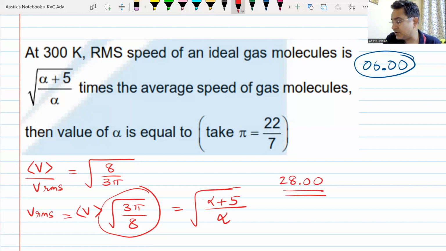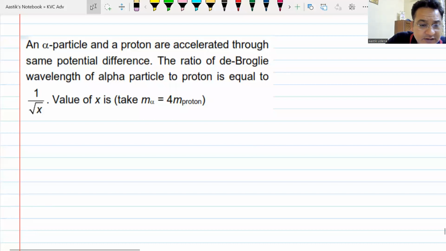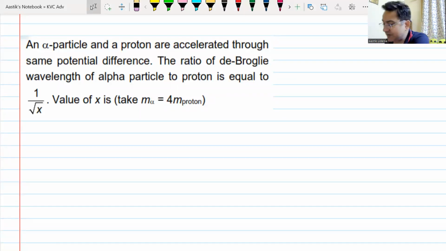This is the next question that is going to come. We had done a lot of questions of this type, and I need a quick answer. Alpha particle and proton are coming back. Second question on de Broglie wavelength, my dear friend. The de Broglie wavelength is given by h by p.